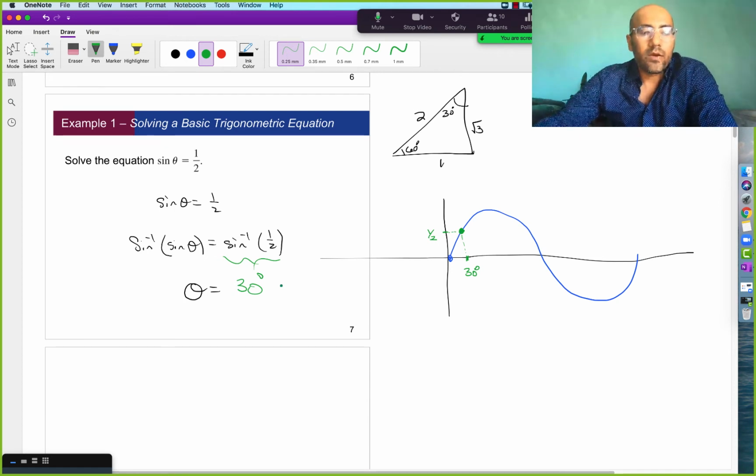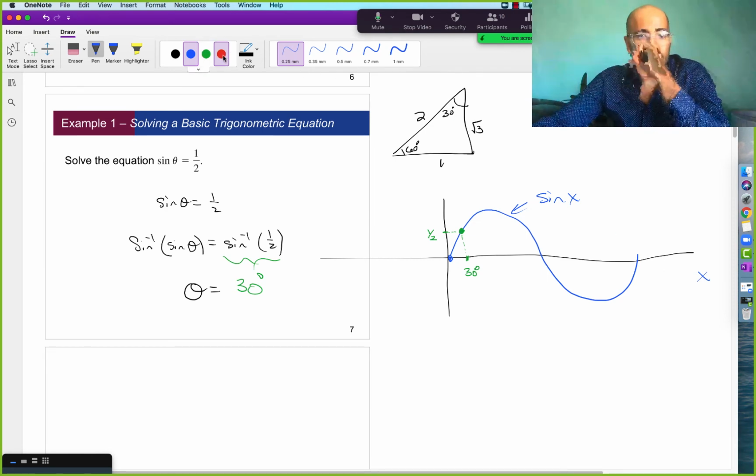30 degrees is the answer we get from here. But we don't want just one answer, we want all of the answers. From the graph of sine of x, we can see that there is more than one answer. There is the standard one in quadrant 1, but if we keep going, then we have another answer over there that gives us the same thing.